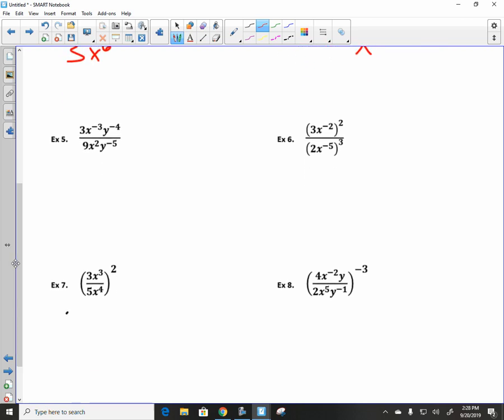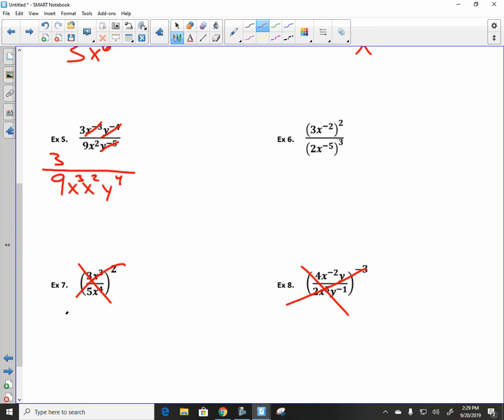We'll do 2 more together. We're going to do example 5 and example 6. We're going to skip 7 and 8. But this is where it gets a little bit involved. I'm just going to rewrite it and make the exponents positive. So I'm going to write 3 over 9. I'm going to drop the x to the 3rd down to the denominator along with the x squared. I'm going to move the y to the negative 4th down to the denominator.